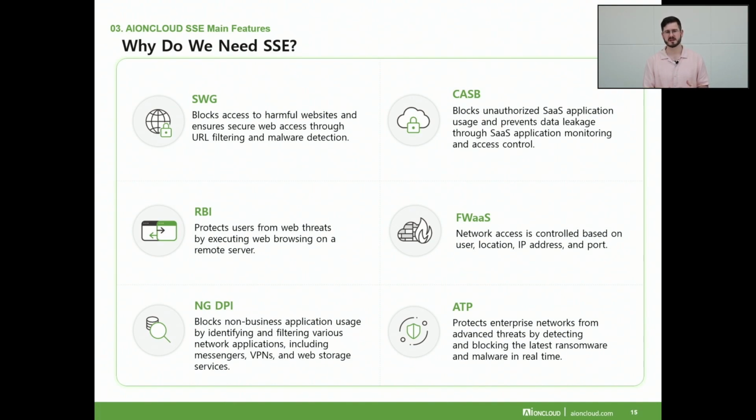We have CASB that blocks unauthorized SaaS applications, the firewall, which works as a firewall that lets us control things based on user accounts, locations, ports, and IP addresses. And finally, ATP, Advanced Threat Protection, protects enterprise networks from advanced threats, which are constantly updated through our CTI labs.